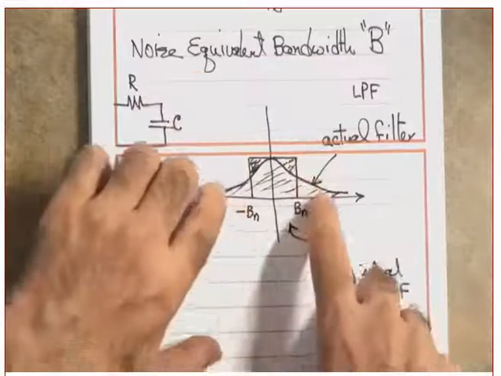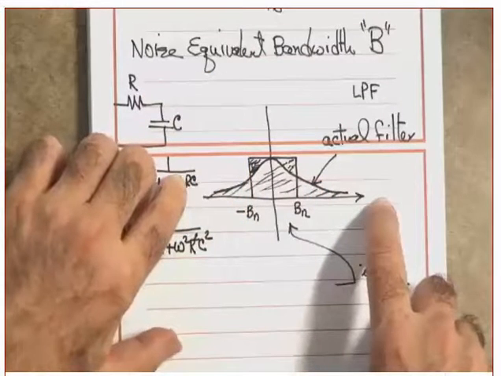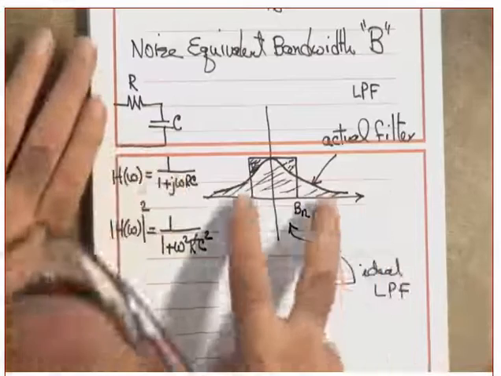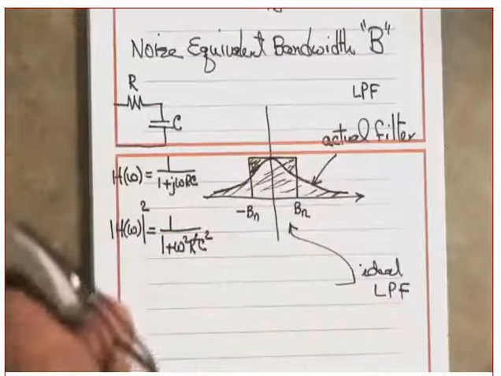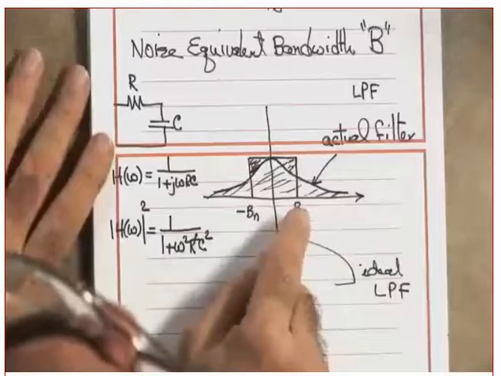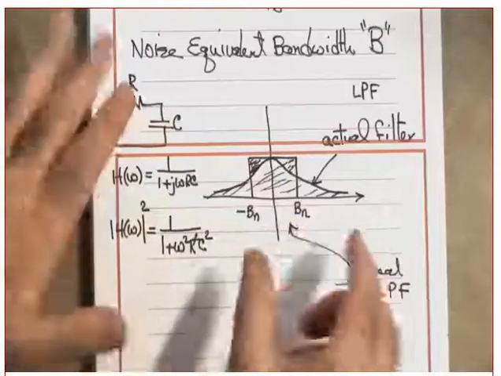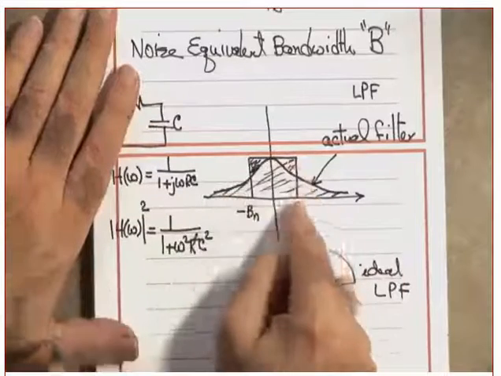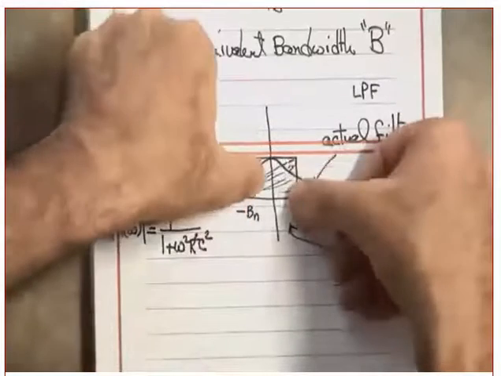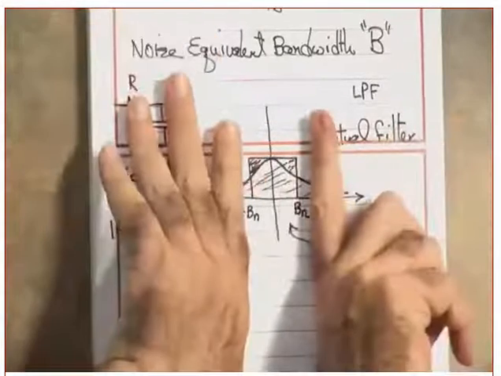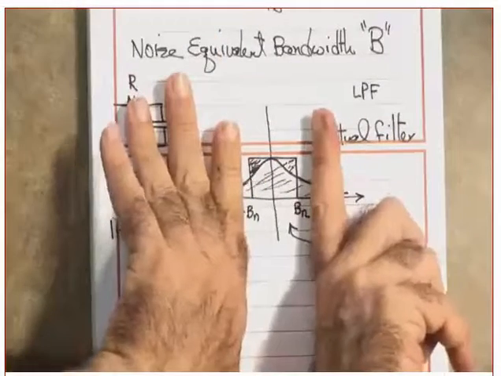But when you add these, for both of them to be the same is what? Now let me ask a question. The wider this brick wall, does it have more than this within the band of interest? Yes or no?